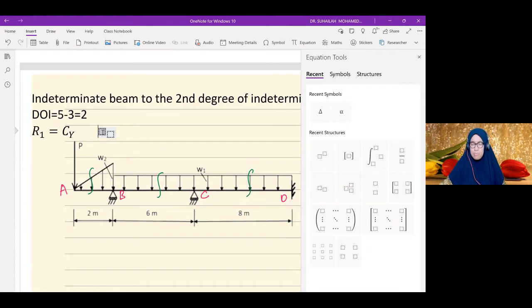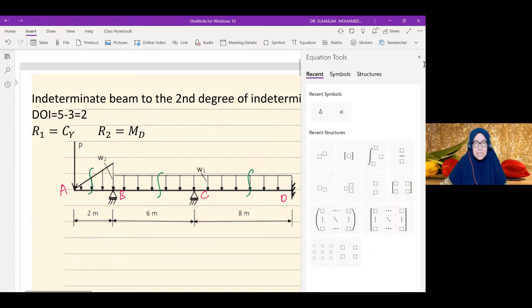I want to remove the moment at D as the second redundant. Redundant number 2 is equal to the moment at position D.